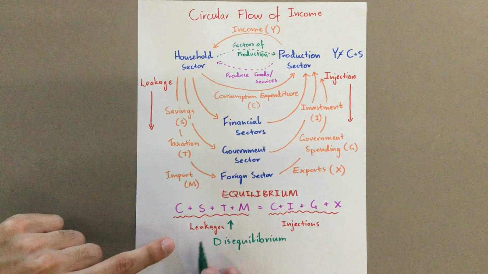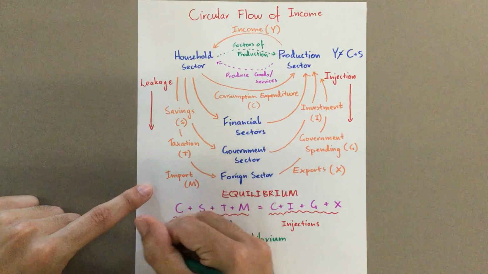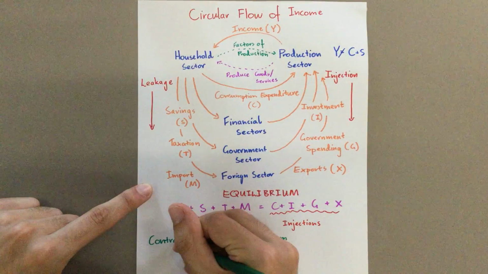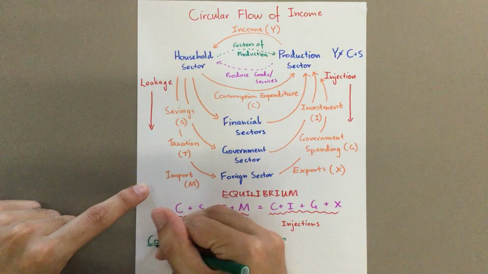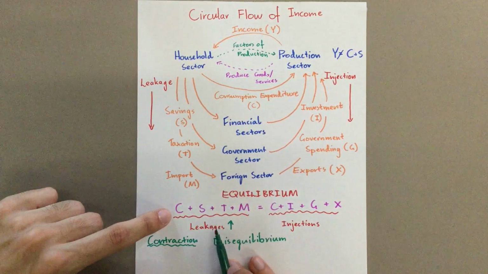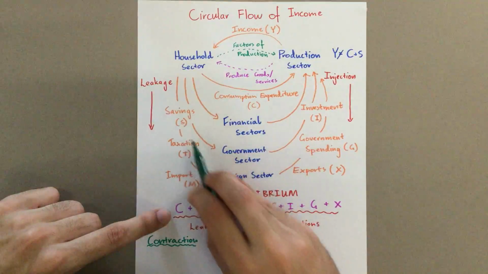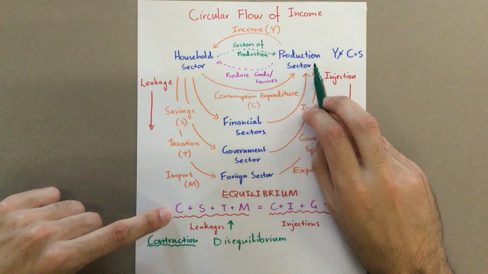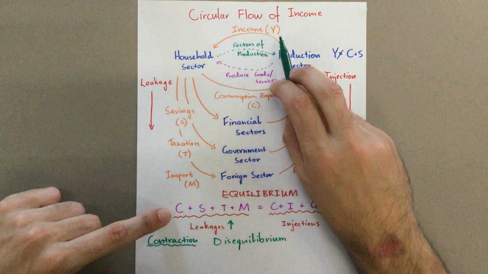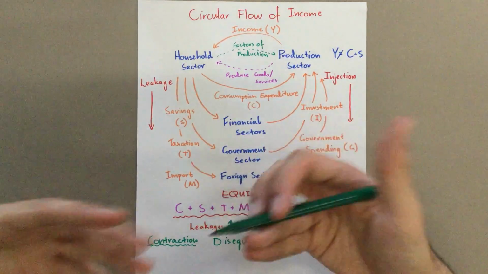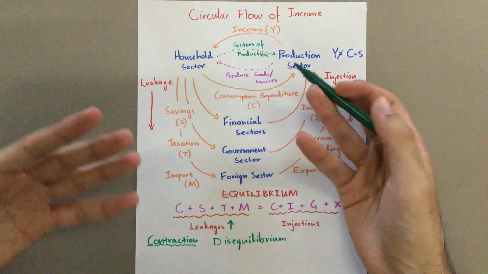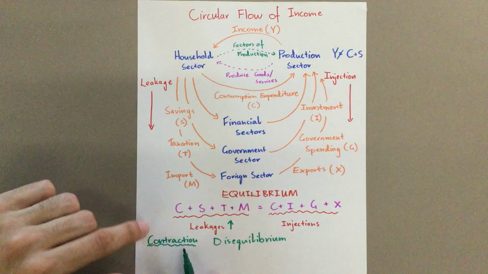This form of disequilibrium we call a contraction. So our economy will slow down, okay? So eventually when money doesn't get back to the production sector, we'll find our national income levels will drop, our national production will drop, or our nation's GDP, our gross domestic product, will drop, okay, when our leakages are too great.